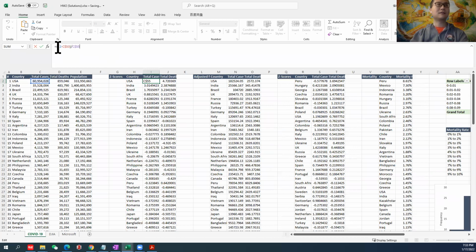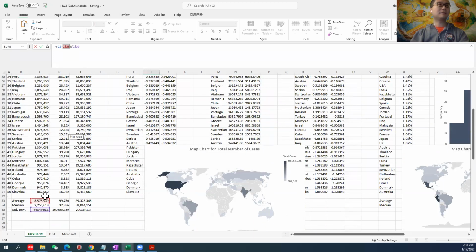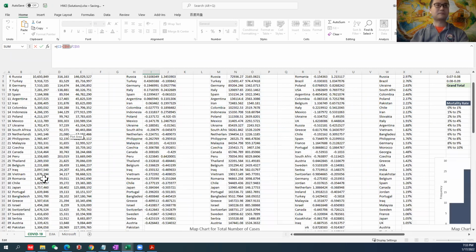First, we take the difference between C2, that's the original value of total cases of the country USA, and a value is subtracted. This value is C53, the average number of total cases among these 50 different countries.